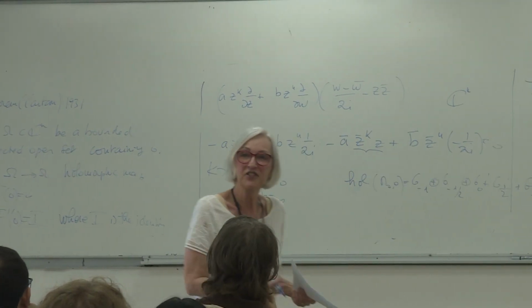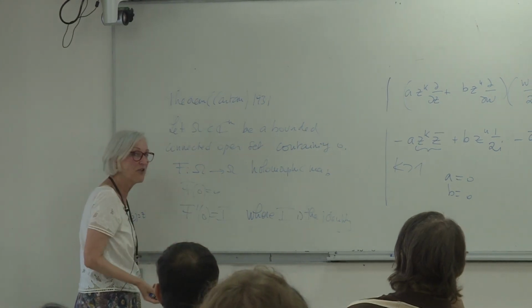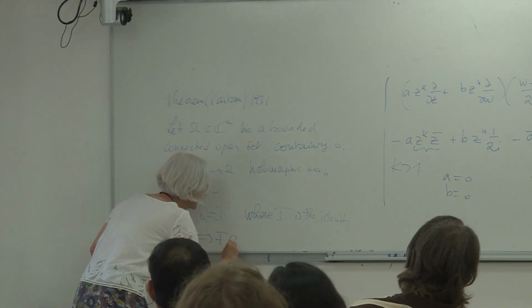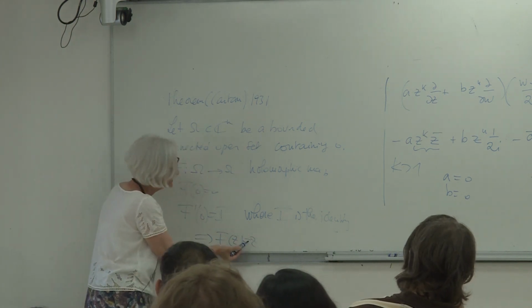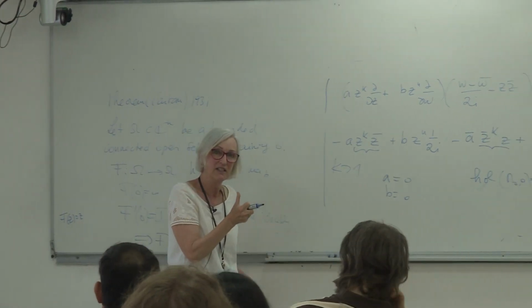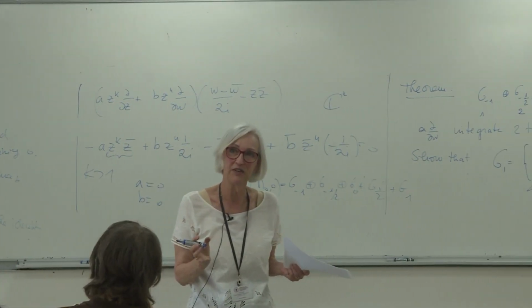Okay? So it's very rigid. You know that there is one, and in fact, all the maps are the same, and they are the identity. f of z is equal to z. That means that when you give the first derivative, you have completely described your holomorphic map.